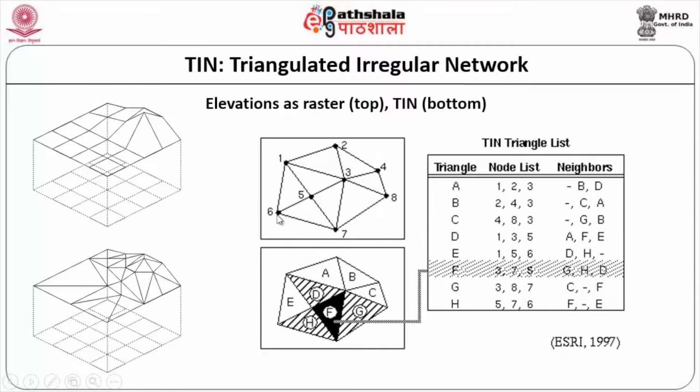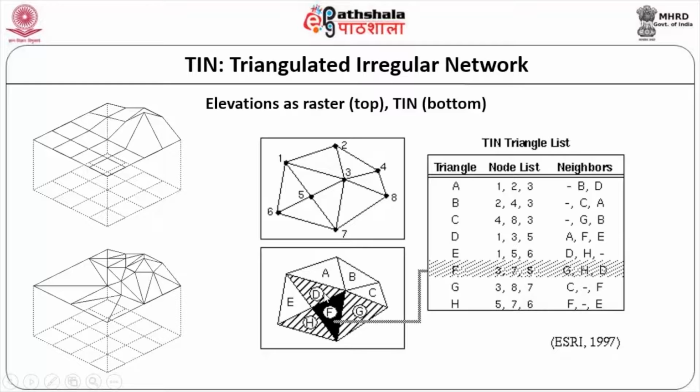And for the TIN, rather, you find here again the same context as in the case of your vector data: starting node, ending node, or the adjacent node, or rather what are the adjacent polygons. For triangle A, if I consider 1, 2, 3, this is the node list. What is the neighbor?